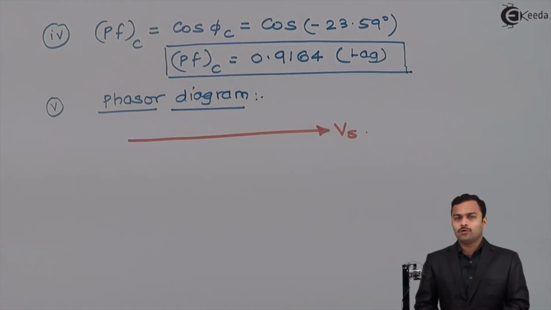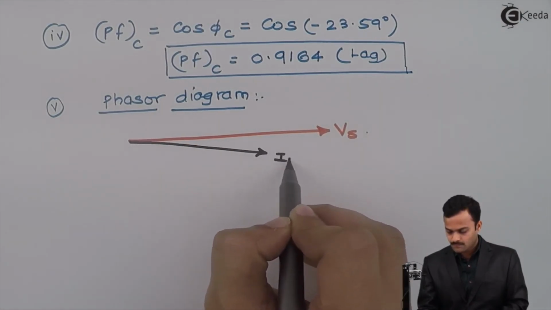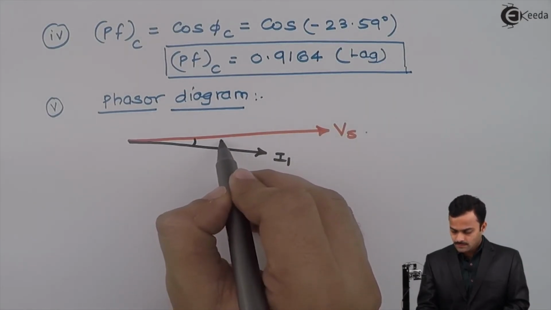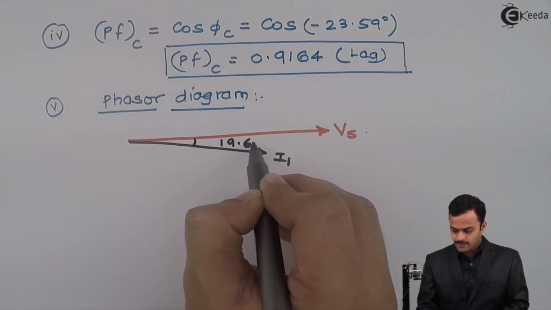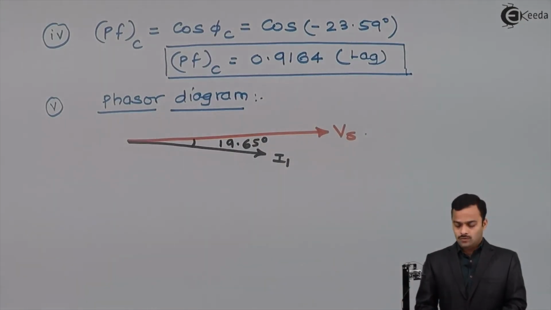I1 is 13.46 at an angle minus 19.65, so it will be like this. The angle made here is 19.65 degree.